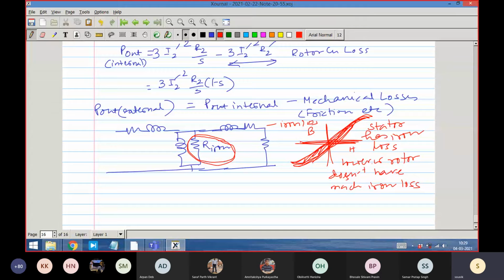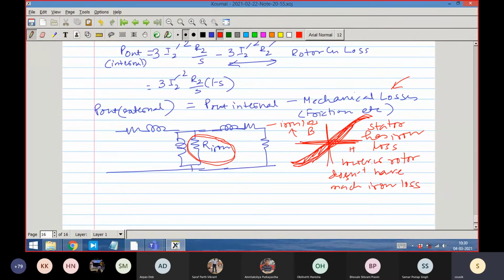That means first you find out P out internal, then you find out the mechanical loss given. This data will be given to you. You don't have to do anything. And the iron loss part you have to subtract at the end. Don't argue about air gap power here and there.